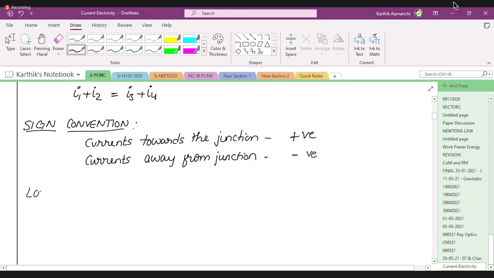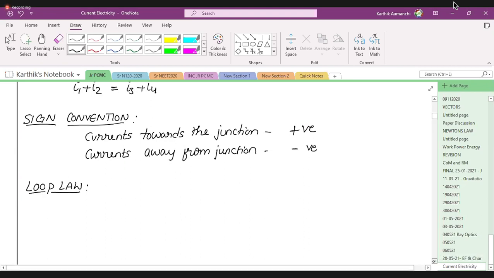Next, put your heading as loop law. The algebraic sum of all potential differences along a closed loop in a circuit is 0.